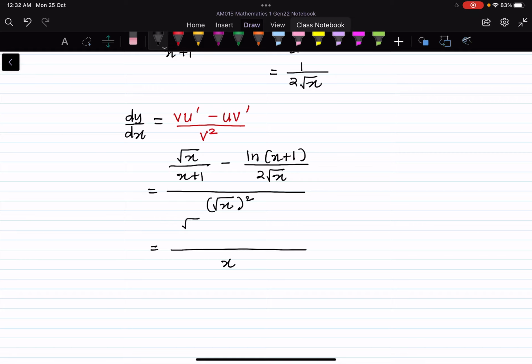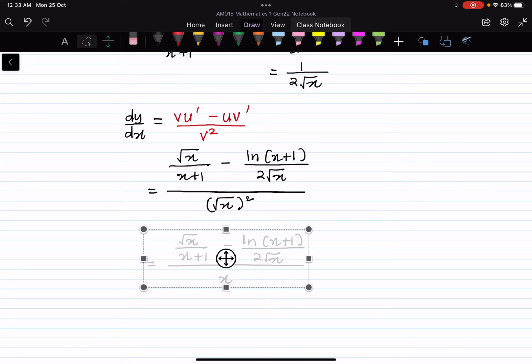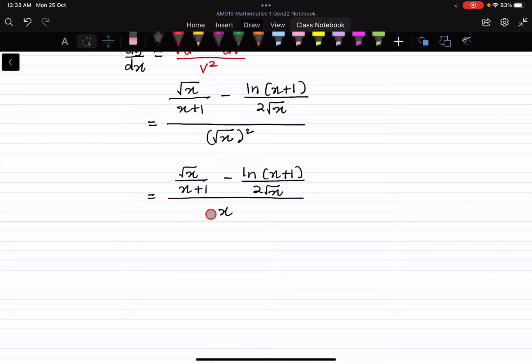And as for the rest, leave it like this first, over 2√x. Now we're going to get rid of this x by multiplying 1 over x in the numerator and denominator. So I'm going to put a bracket here.